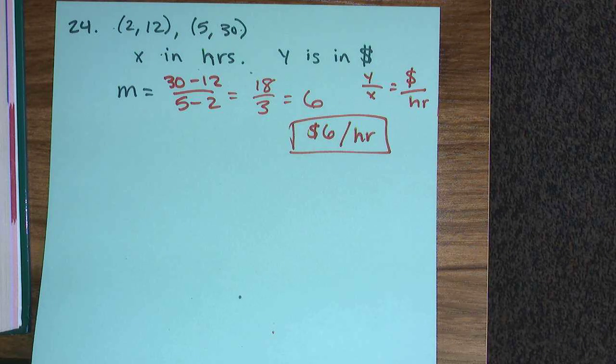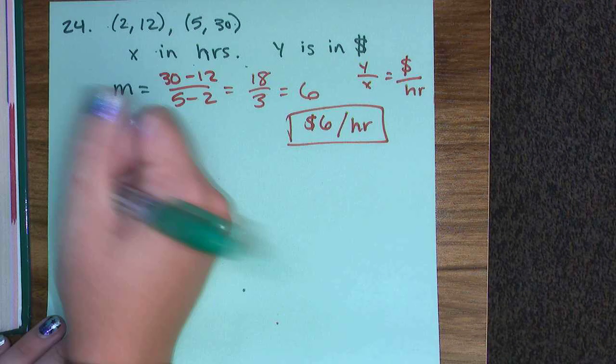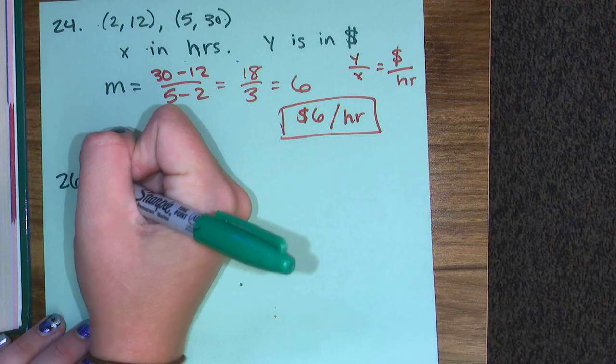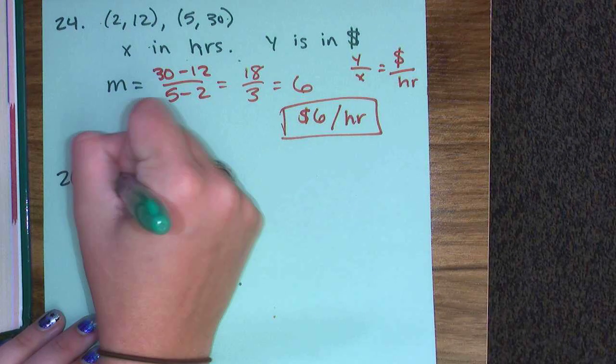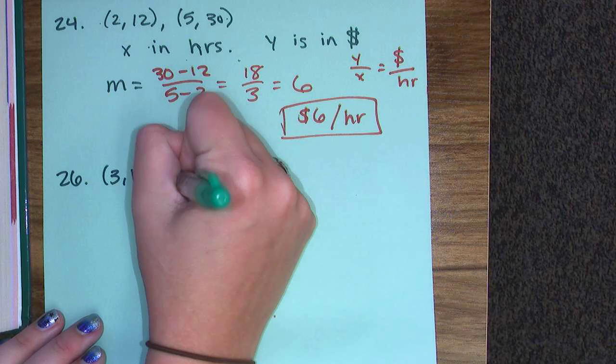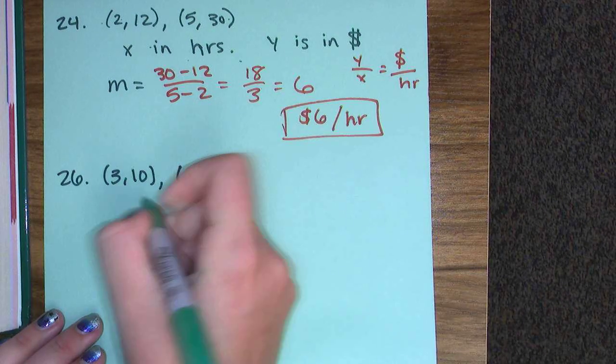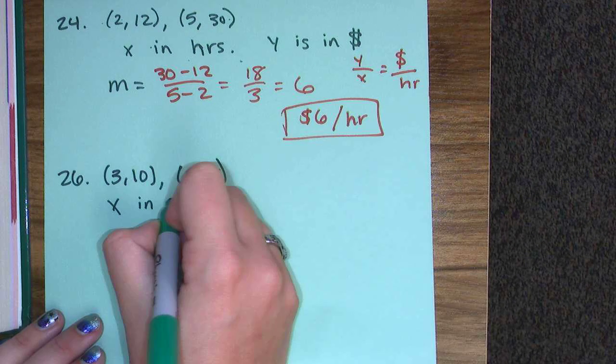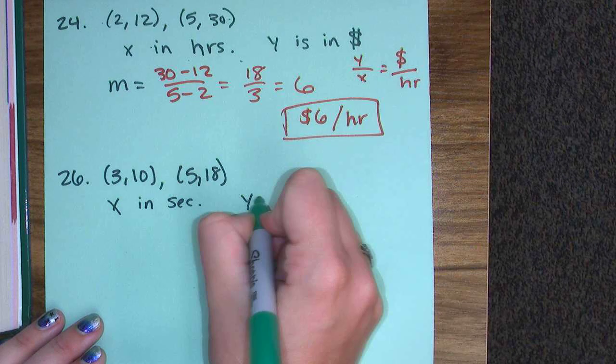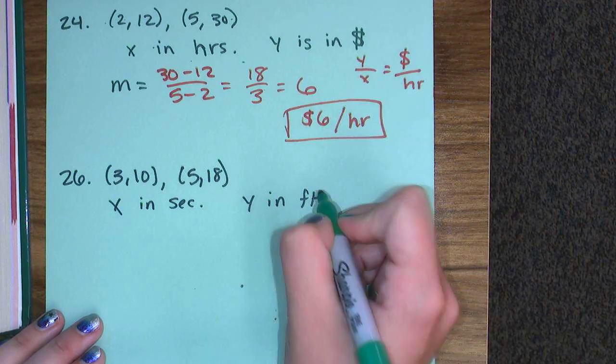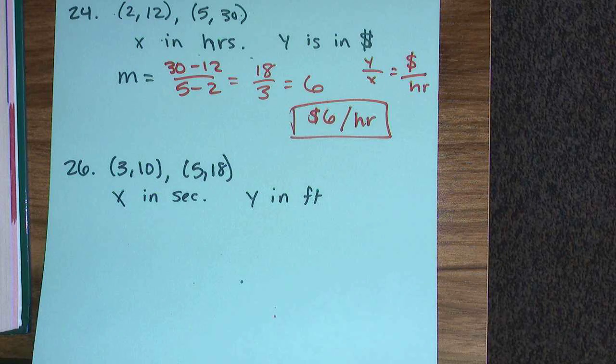All right, let's do one more rate of change, and then I'll let you guys work on these problems. All right, 3, 10, and 5, 18. And then X is in seconds, Y is in feet. All right, so how do I set this up?